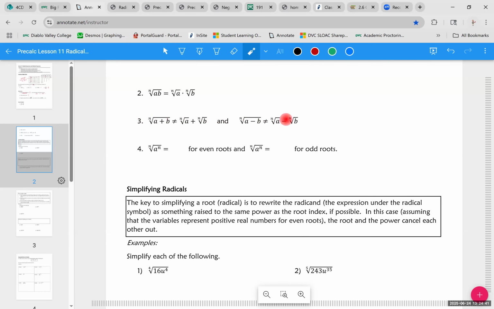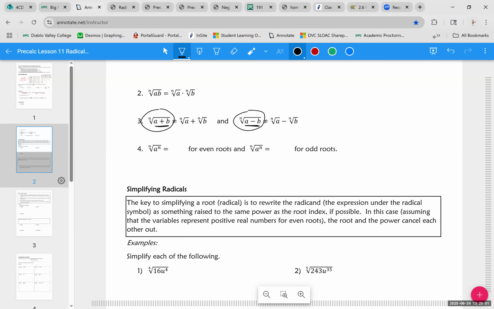And here it is once again. This has come up multiple times. I put it on the first assessment, but you just want to make sure that you realize that you can just take the root of each one, does not apply to addition or subtraction. These expressions are not simplifiable.